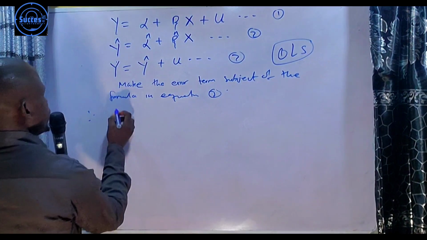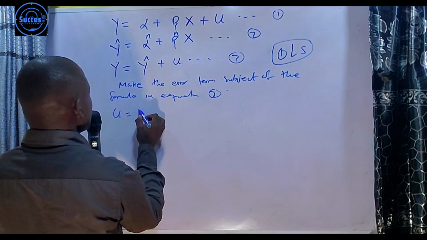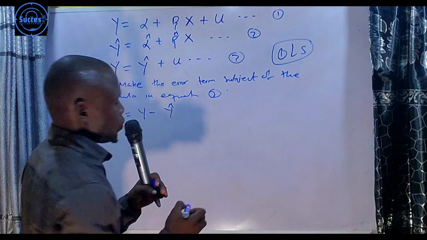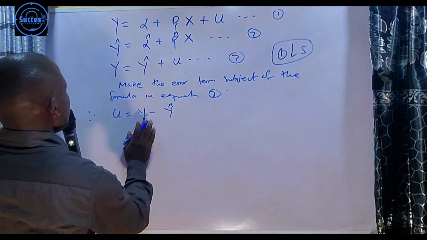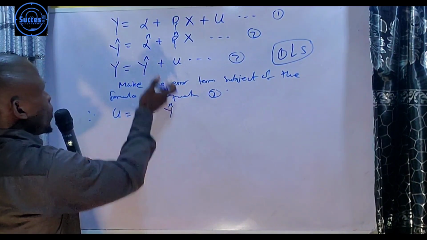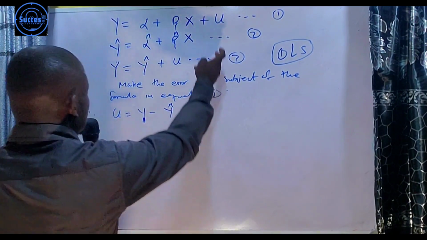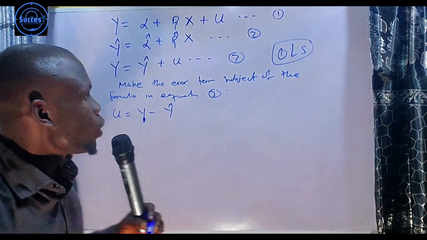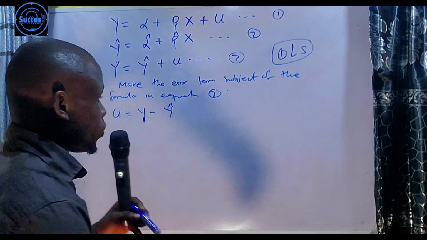So therefore u will be equal to Y minus Y cap. Don't forget, you already know what your y cap is. Y cap is y estimate, and it's the same thing as what we have in equation 2. So what you simply do here is you substitute this for here.